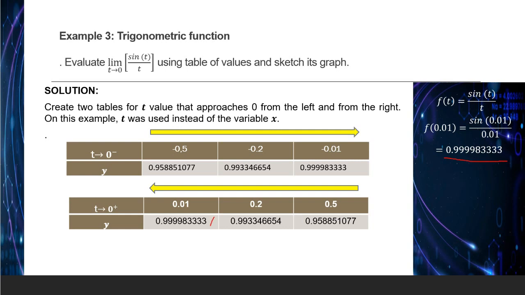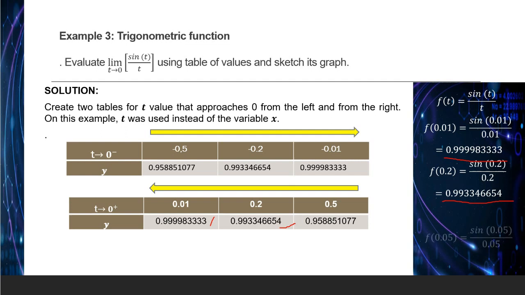So this is equal to 0.999883333. Okay, this one. Next, f of 0.2 is equal to sine 0.2 over 0.2. So this is equal to 0.993346654, this one.